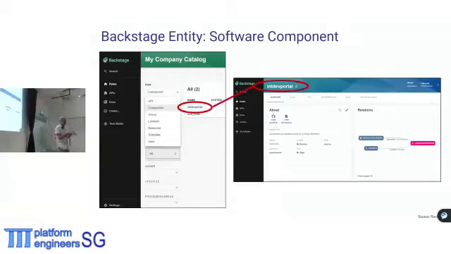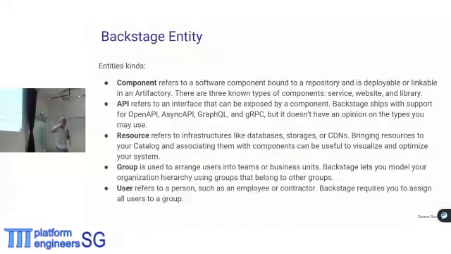You can see what resources, like a database, it depends on, or an API that it accesses. So there's a list there of the types of things that Backstage needs to keep track of, and that's the information you need to draw from the different systems of record in order to present it on the Backstage UI.